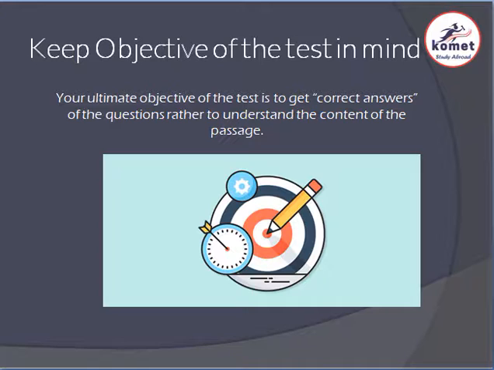So in the end, you should understand the objective of the reading test. Many people think the objective of the reading test is to understand the passage. Remember, the objective is not to understand the passage, but to get the correct answer to the questions related to the passage.